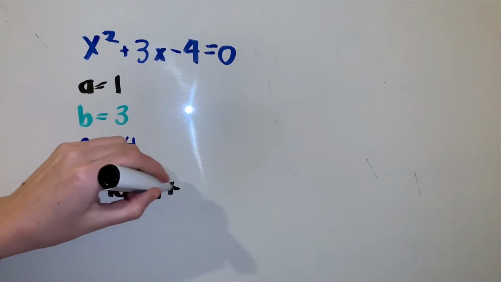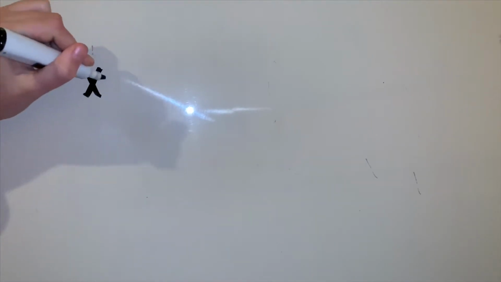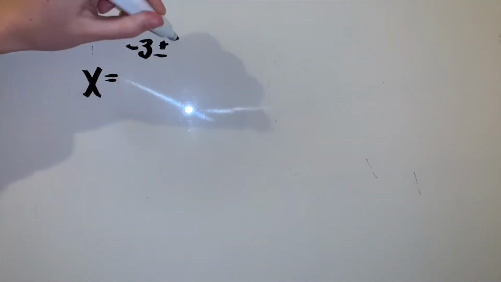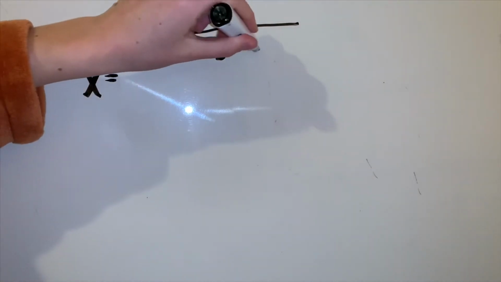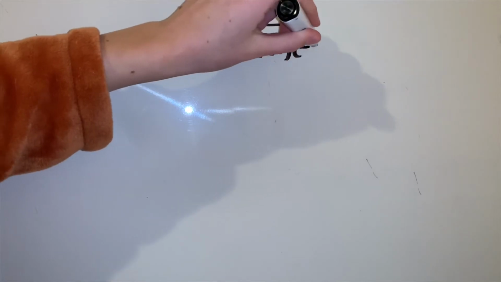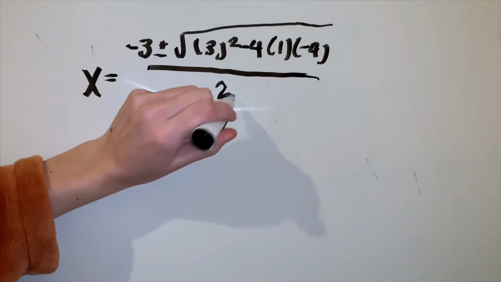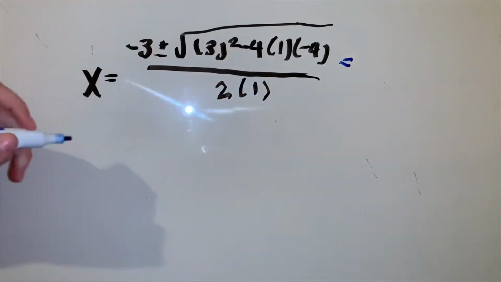Now to plug it into the equation. Now we have x equals negative 3 plus or minus square root 3 squared minus 4 times 1 times negative 4 all over 2 times 1.